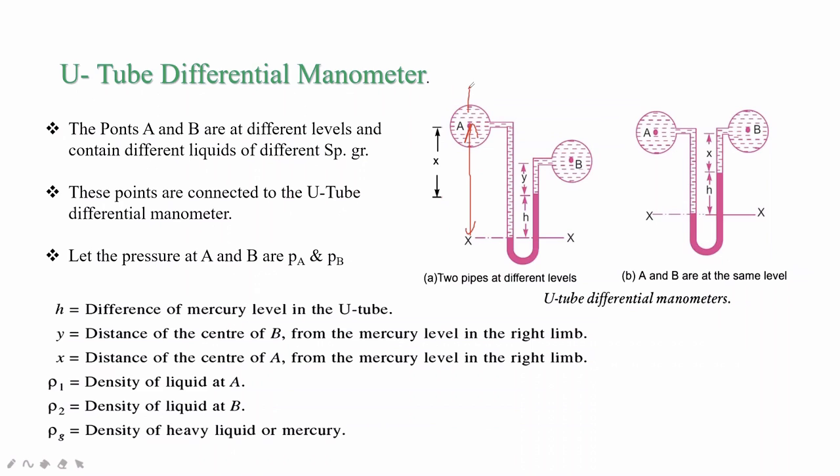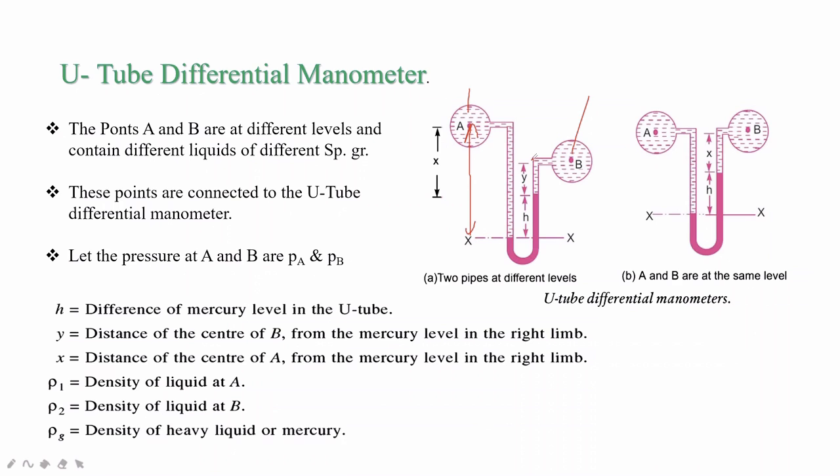So pa plus rho 1 g, and the height is x plus h for the left limb. Similarly, for the right limb, it is pb plus rho 2 g h2.